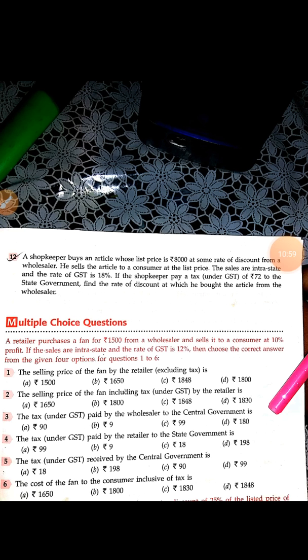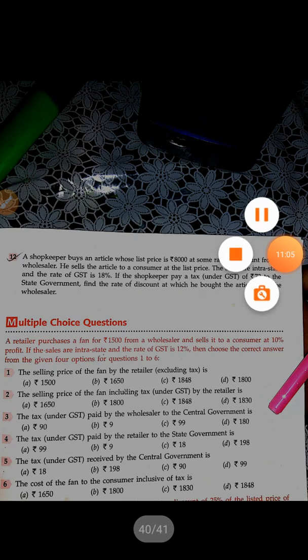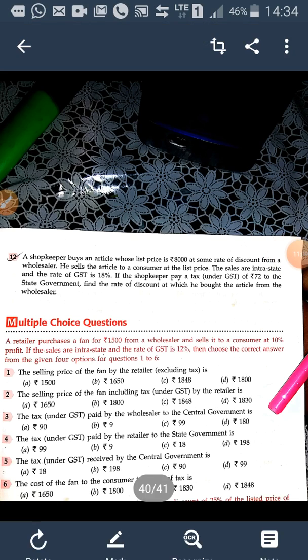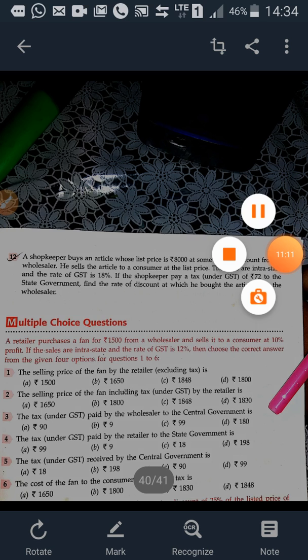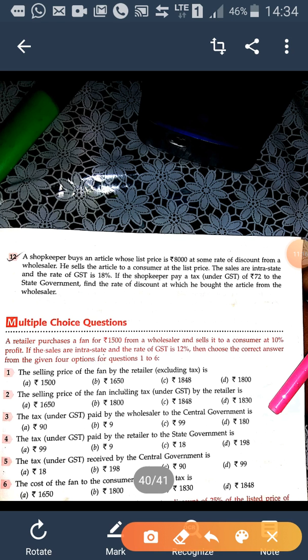Let me tell you the pieces of information which are given in this sum. The first piece of information is that a shopkeeper buys an article whose list price is 8000.